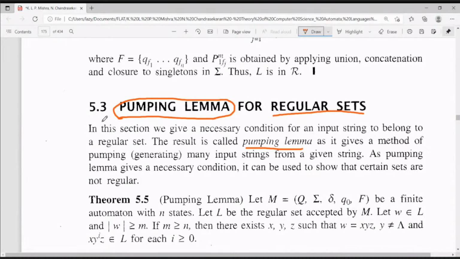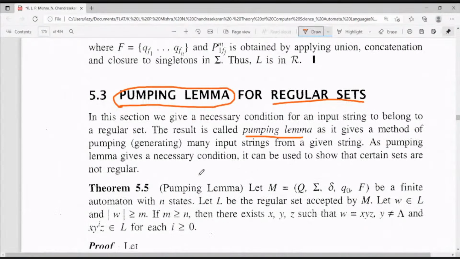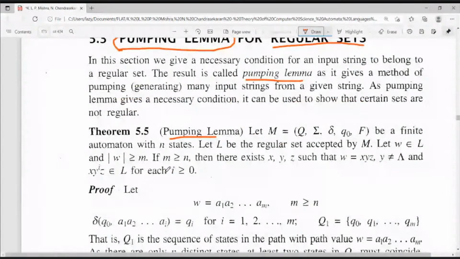You'll find pumping lemma for regular languages, and pumping lemma for other languages like context free languages. The main goal of this pumping lemma is that, given a language, using this method one can say whether that language is the kind of language it claims to be. So we'll see what the pumping lemma theorem is and all that.